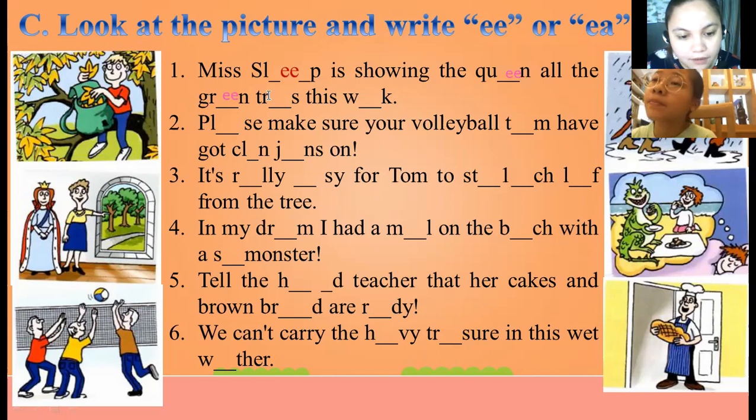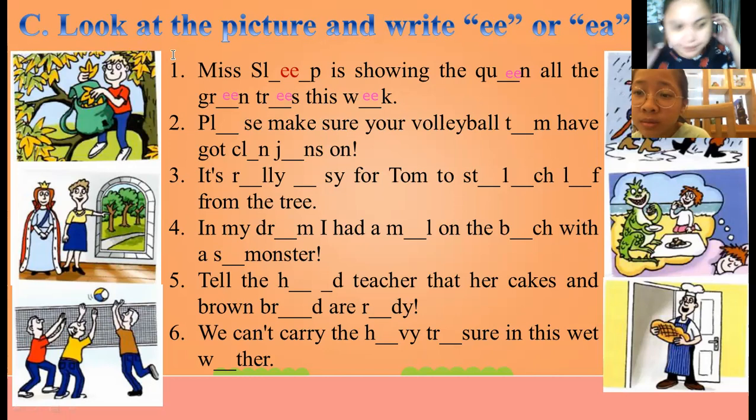Trees. Okay, trees. Week. Okay, so it means that all the words here have EE letters. Okay, how about number 2? Okay, wait a minute, Laura.